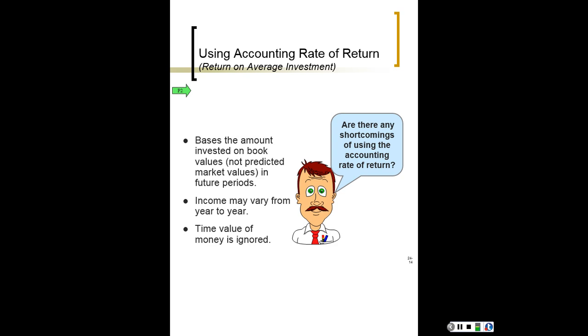The book value is simply the purchase price less your accumulated depreciation, and that will give you your book value. Okay, but that's not market value, and that's important to realize. Book value is not the same as market value. It's simply what you purchased it at less accumulated depreciation.